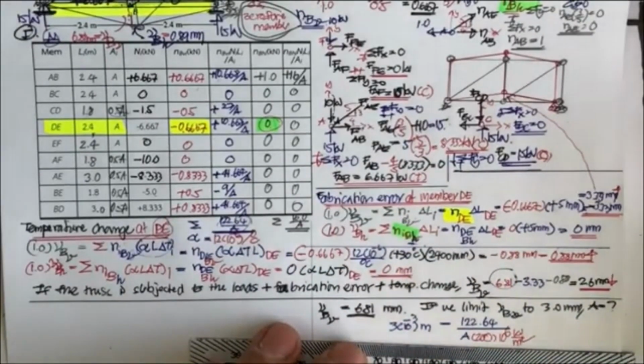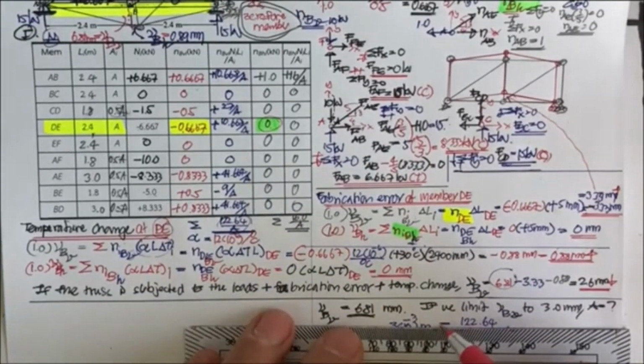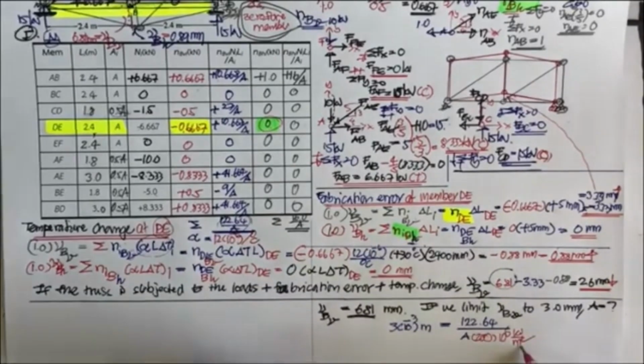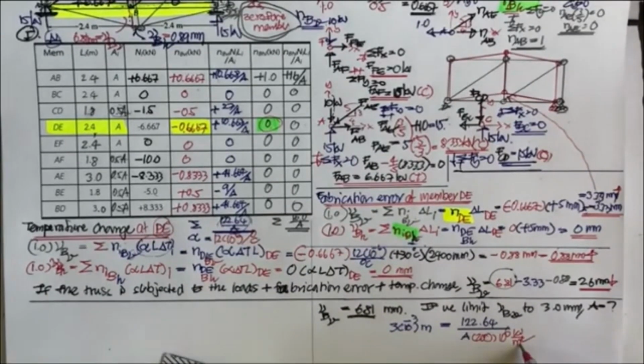It has to be per square meter because E is the modulus of elasticity of the material. And if you do this calculation, you may determine the A, right?